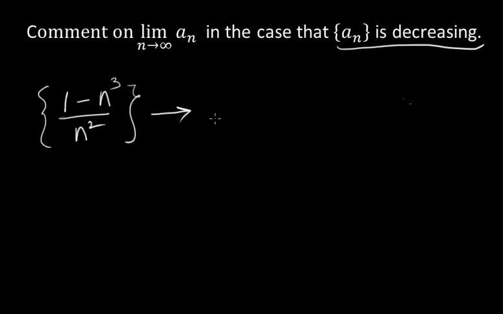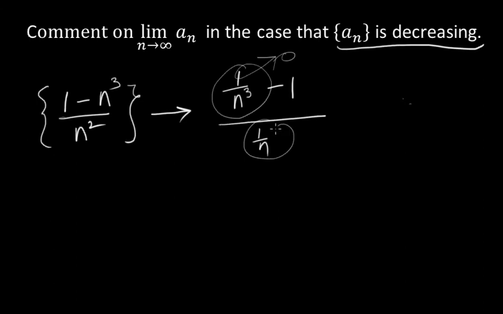I'm going to divide the numerator and denominator by the most powerful term in the expression, which would be n cubed. N cubed is what's growing the fastest, so I divide each term by n cubed. N cubed over n cubed is 1, and n squared over n cubed is 1 over n. Now I see 1 over n cubed goes to 0, 1 over n goes to 0.